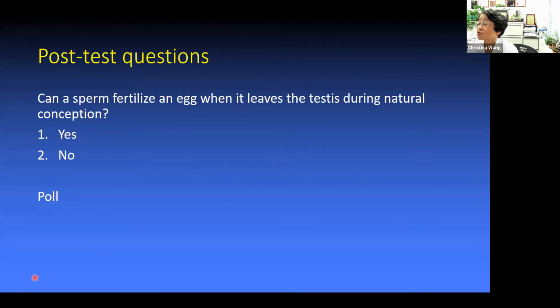58%. So the sperm, in fact, cannot fertilize an egg in natural conception. It has to go through the female reproductive tract and acquire hyperactivated motility and the acrosome reaction before it can fertilize the egg. This is totally different from fertilization in a test tube, which I think some of you may be thinking of.